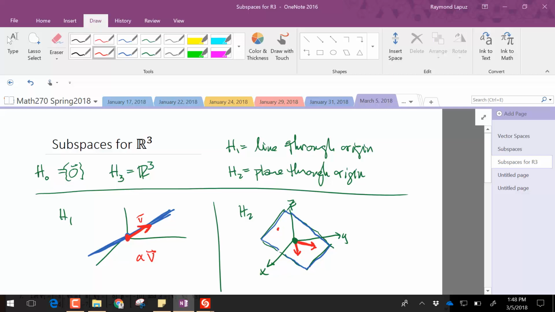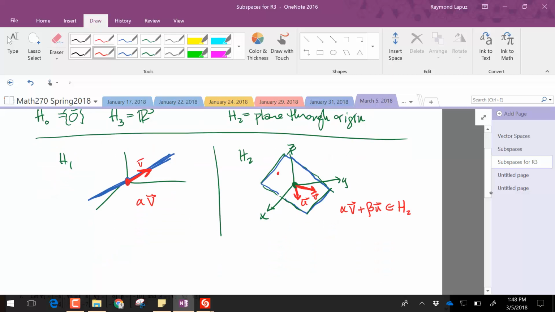What can I do with these two vectors? You can scale them and then add them. By scaling, it also includes a negative portion. So alpha times v plus beta times u is still going to be in this space, right? So what can I say about this space in terms of the vectors?